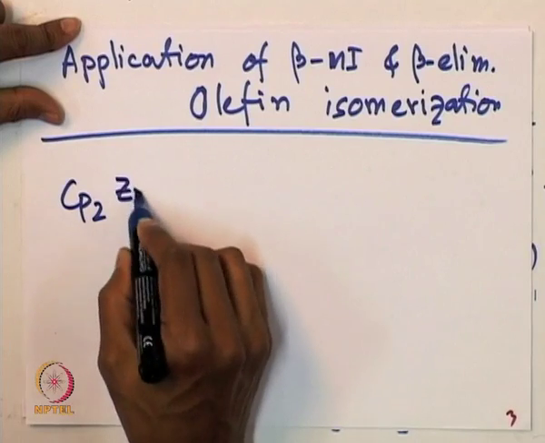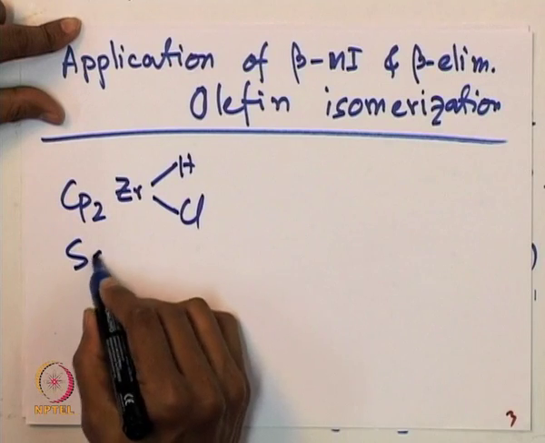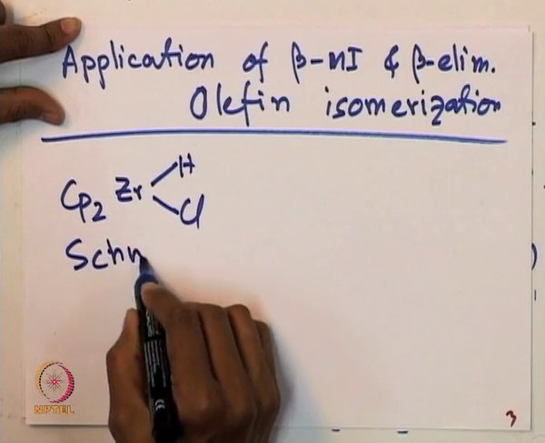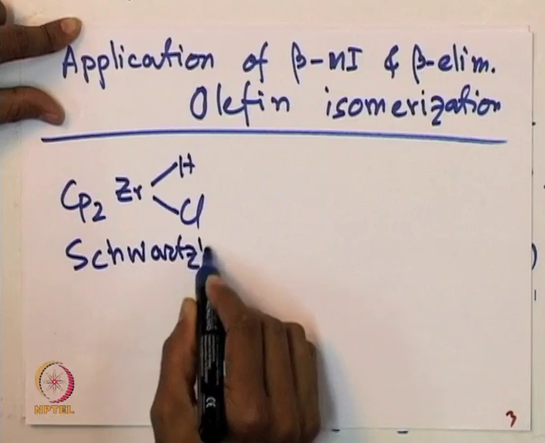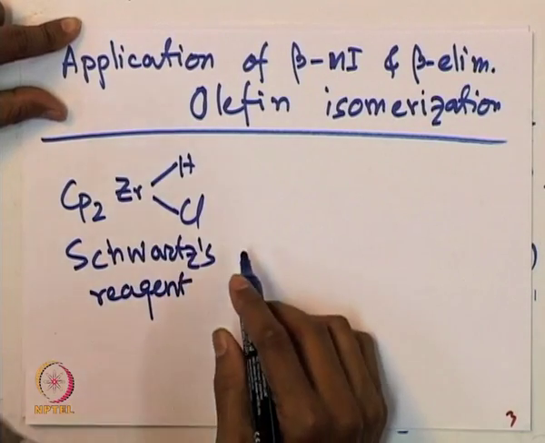Let us look at the cyclopentadienyl zirconium complex, very popularly known as the Schwarz reagent. This, by the way, was done by an undergraduate student at MIT.